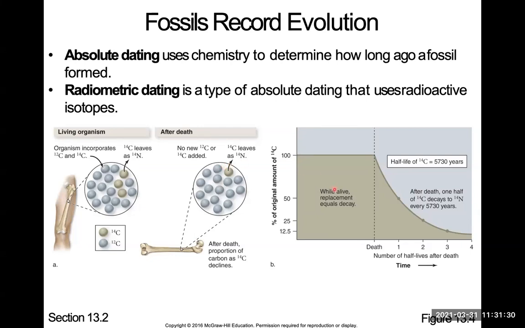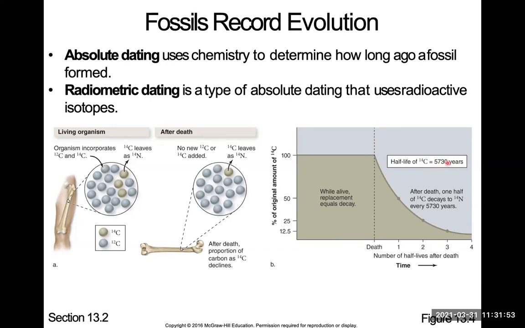So here, someone who's alive, their carbon-14 is 100%. Then they die. And they were able to figure out half-life. Half-life is the rate of decay of carbon-14. The half-life of carbon-14 is 5,730 years.